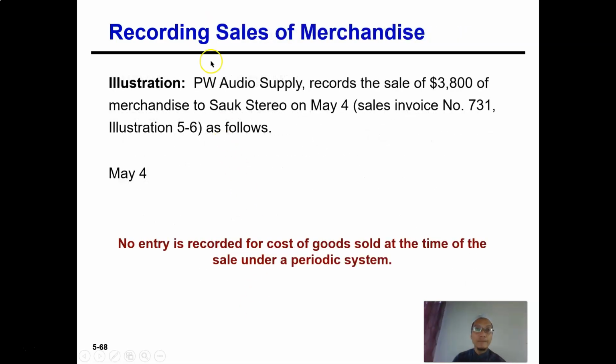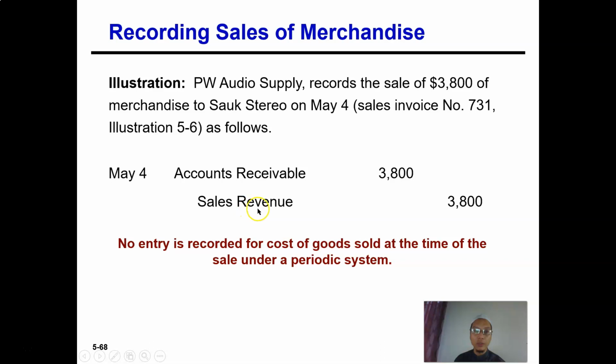Okay, when the audio supplier makes the sale, of course there's a recording for the sale, accounts receivable of 3,800 and a credit of sales revenue for 3,800. But there's no record for the cost of goods sold, and there's no record for the inventory, because in the periodic system, we do not update our cost of goods sold and inventory during the transactions, but we only update those accounts at the end of the period.